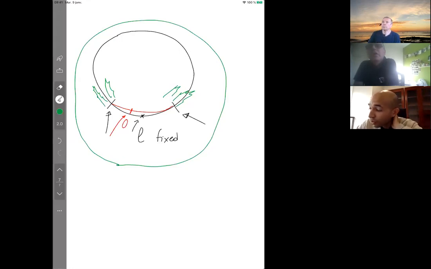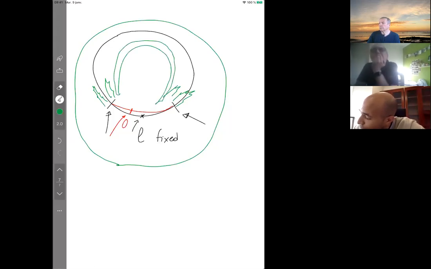So if you have 0, it gives you information on what's happening outside. It gives you the information that if you look at the number of crossings from this point to the other point, it will be necessarily even.